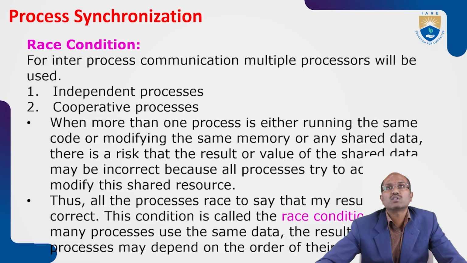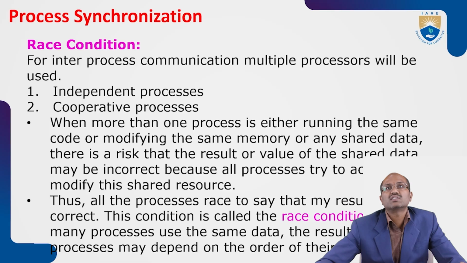When more than one process is running the same code or modifying the same memory or shared data, there is a risk that the value of the shared data may be incorrect, because all processes try to access and modify the shared resource. Thus all processes race, and the result may be incorrect. This condition is called the race condition.